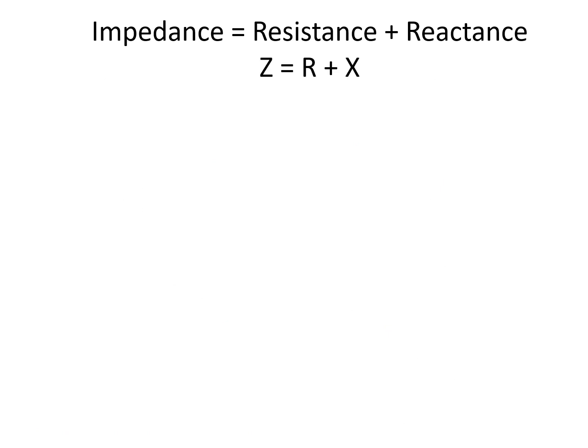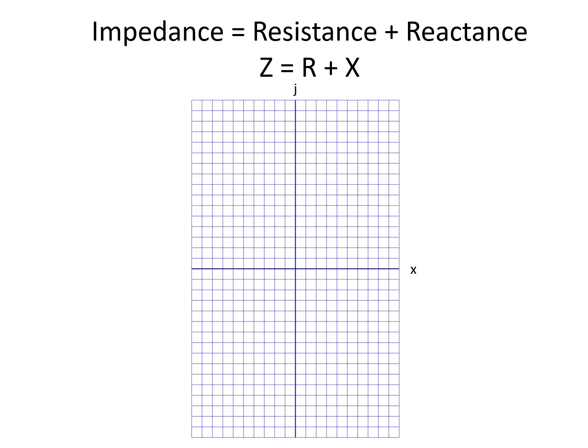Okay, now we're going to take a look at a little bit of the math on impedance. And the formula for the impedance, like we mentioned earlier, is that the impedance is just the resistance plus the reactance. But we're going to plot these on a graph a little differently than just adding the two together. What we'll do is start here with a rectangular coordinate system.